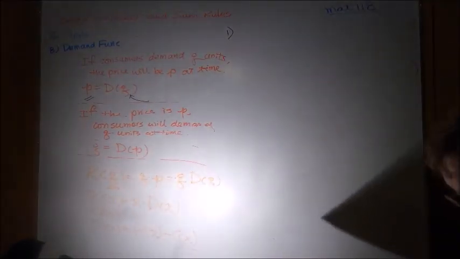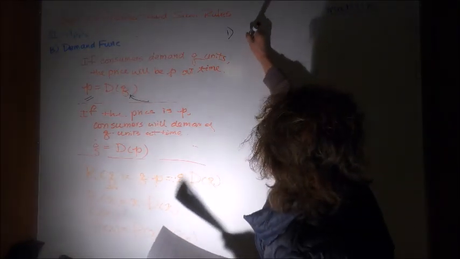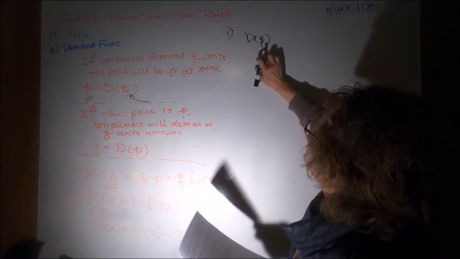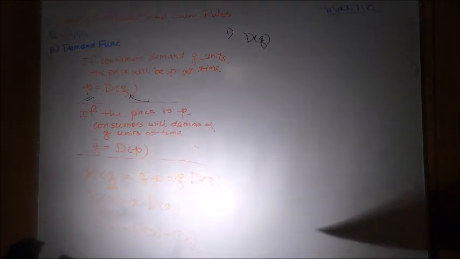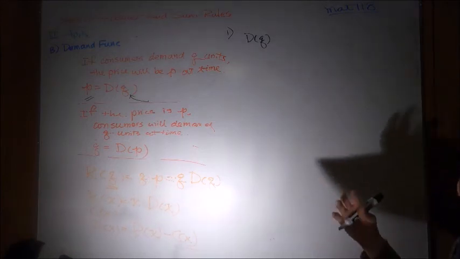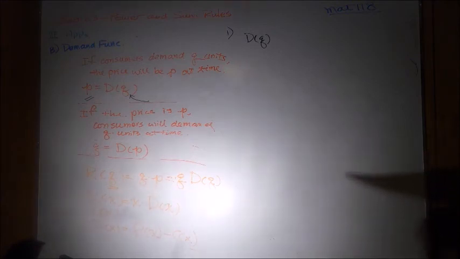Let's take a look at the example on page 34. It says the demand function for a product is given by a function like this. It uses demand by quantity, then that will be the price. Usually you would think if demand quantity is high, then price would be lower.